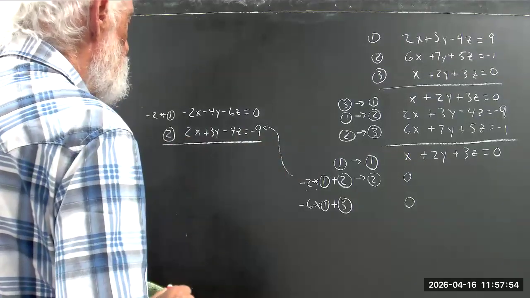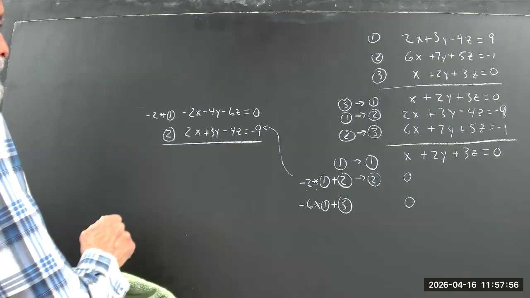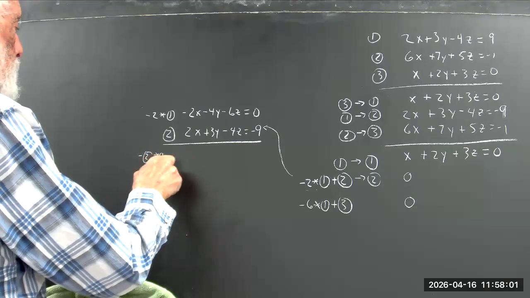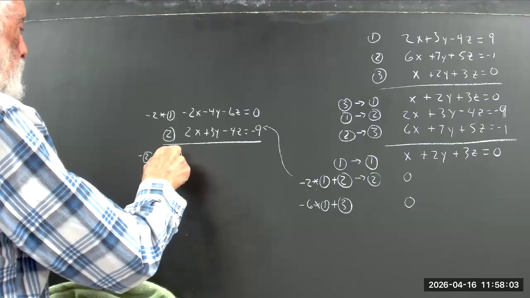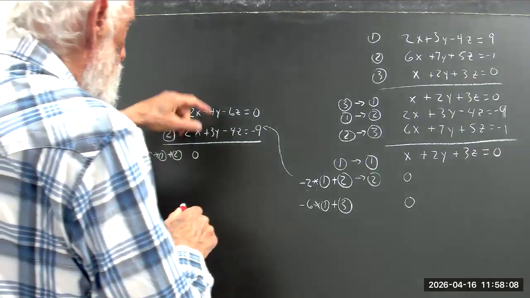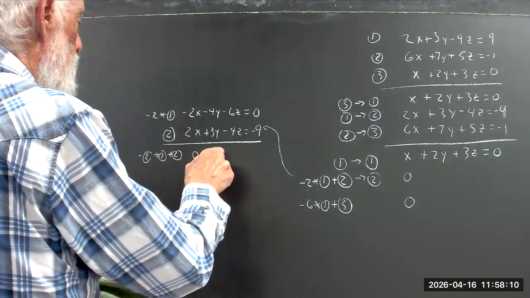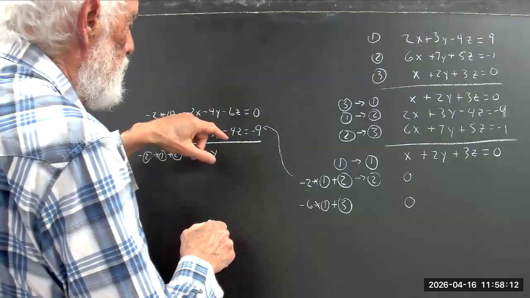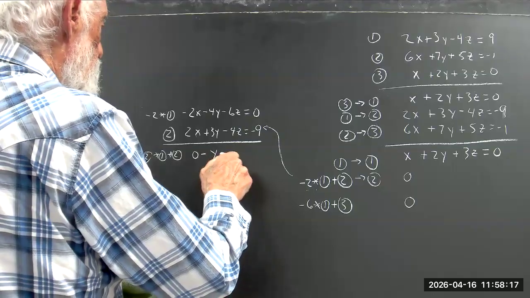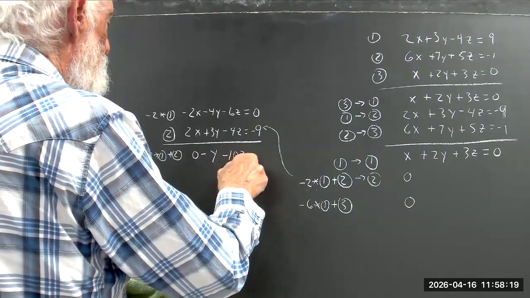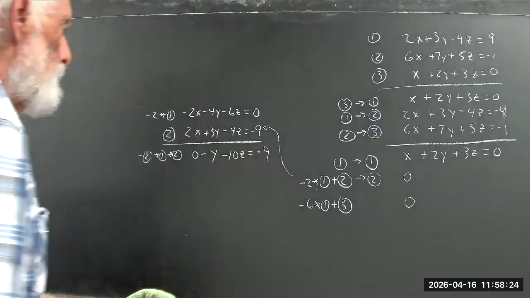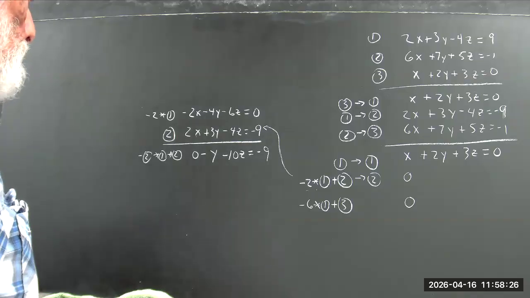If I add those two equations, I get -2 times equation 1 plus the old equation 2. -2x plus 2x gives me 0. -4y plus 3y gives me -y. -6z minus 4z gives me, make sure I've got my numbers right, -10z. That gives me -9.